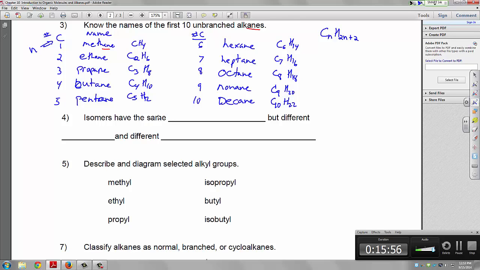All right. Isomers, as I alluded to before. The prefix iso means the same, so isomers tell you there's something the same. Isomers have the same chemical formula but different shapes. So the atoms are arranged differently, and this means they have different names and properties.